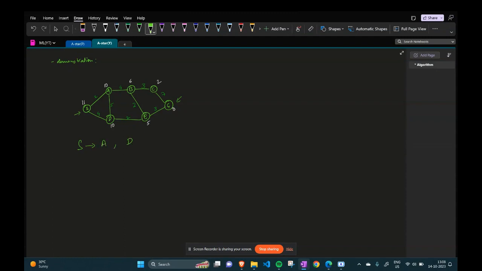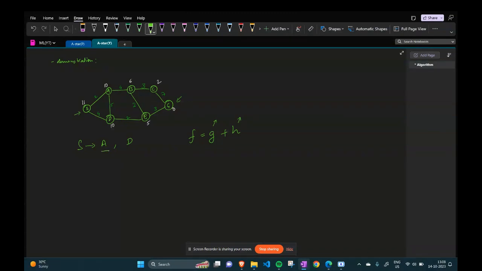Now we know that our A star algorithm's general equation is f equals g plus h, where g is with respect to start, and h is with respect to goal. So g would be called our cost path, and h is called our heuristic.